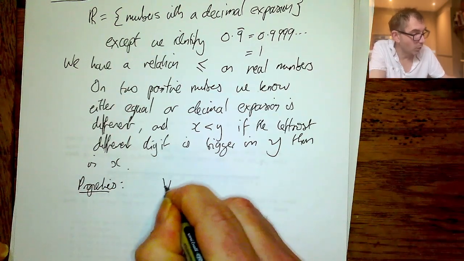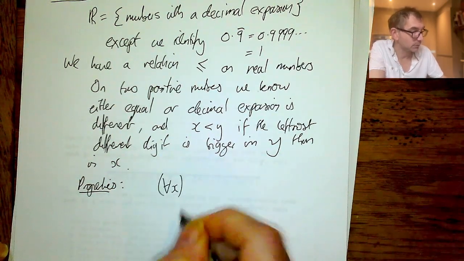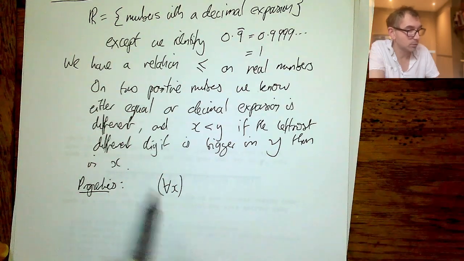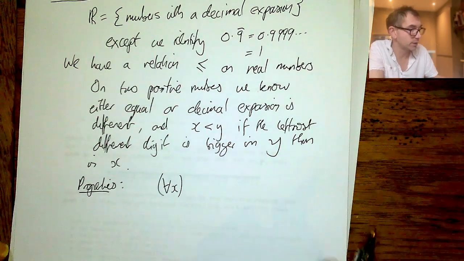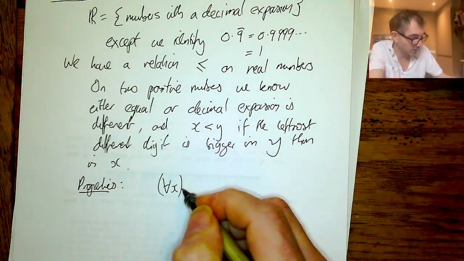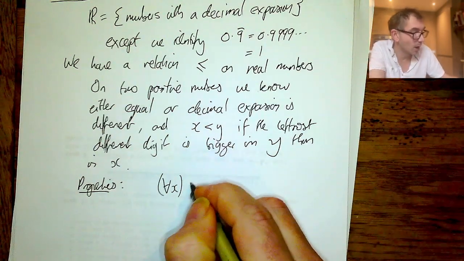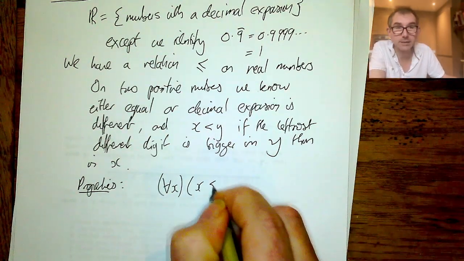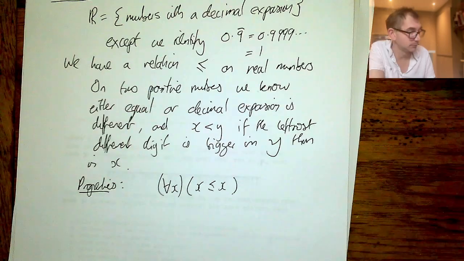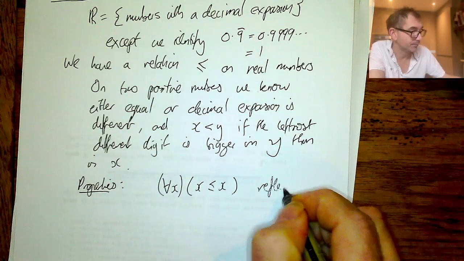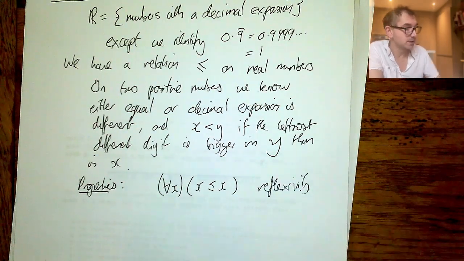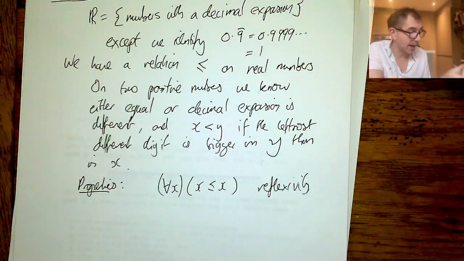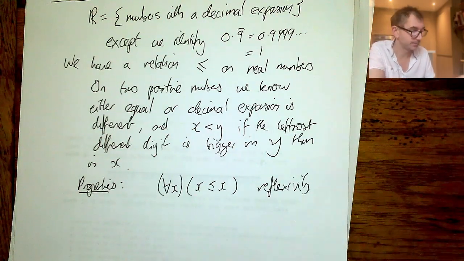For all x, and I'm always working in the real numbers, so these for alls are taken over all the real numbers: for all x, x is less than or equal to x. That's called reflexivity. Obviously x is equal to x, and so x is always less than or equal to x.